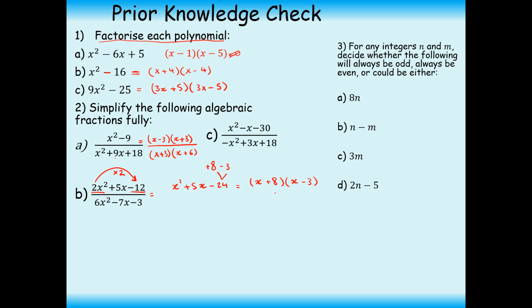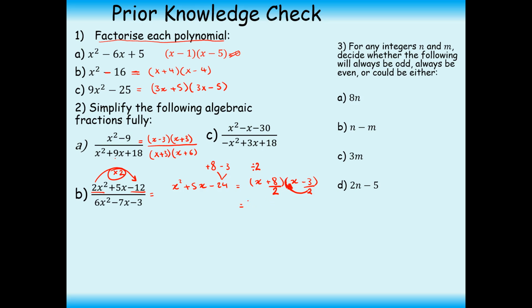But I'm not going to forget that I multiplied by 2 and I removed that 2 at the front. I multiplied the 12 by 2. Therefore, now is the time that I'm going to divide by 2. I'm going to divide 8 by 2, and if I write 3 over 2, that's not going to simplify. So this 2 in the denominator, I'm simply going to put in front of the x in the bracket.